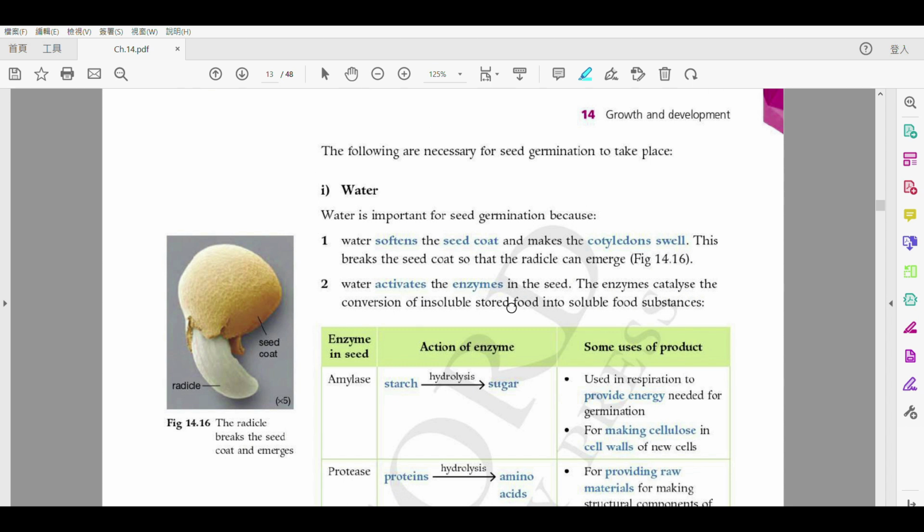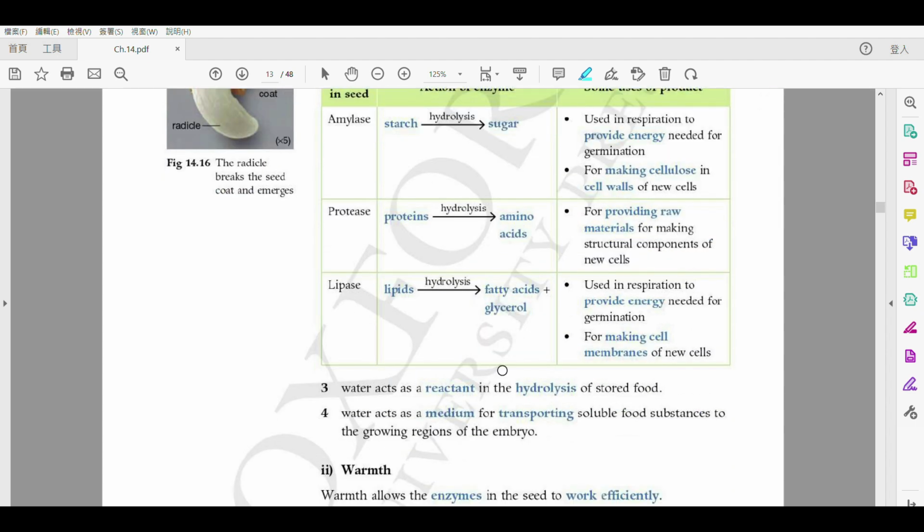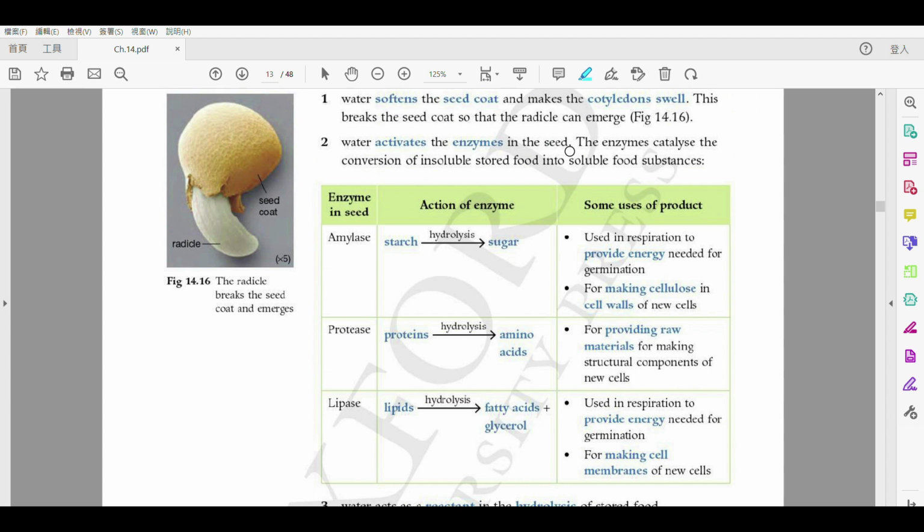It would be better if you do the Google form before you watch this video, because one question asks: which of the following is not an essential condition for the seed to germinate? The answer will be quite easy when you look at this page, but try to think about it yourself first.